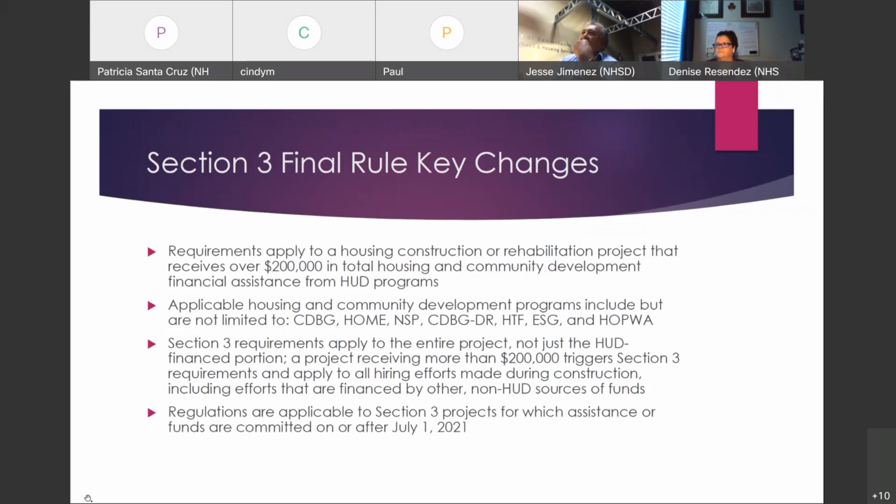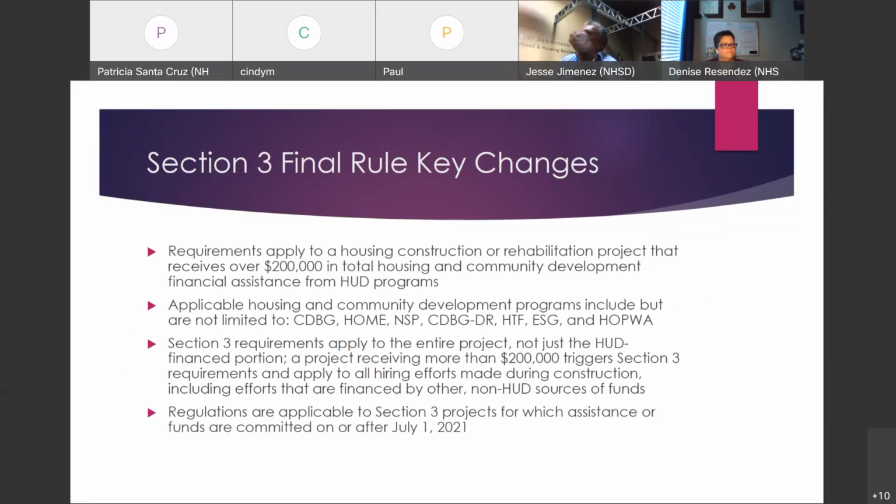So the final key changes to the rule are: any project that is a housing construction or rehabilitation project that receives over $200,000 in total housing and community development financial assistance from HUD programs will trigger all the Section 3 guidelines.